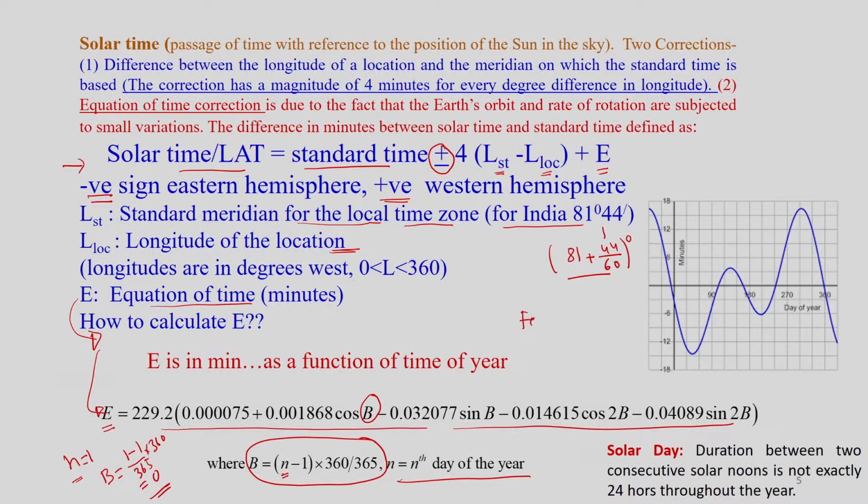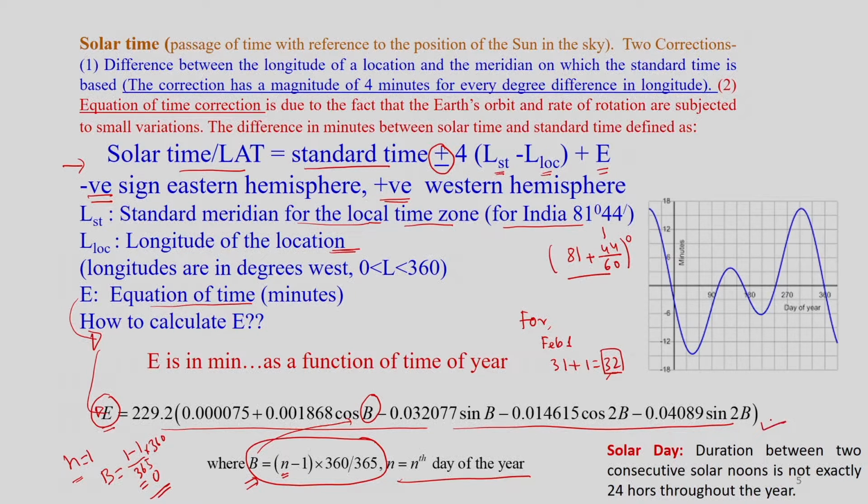For January there are 31 days, plus 1, so it will be 32. Then we substitute n as 32, calculate B, substitute the value of B in this equation, and find E. The value we get for E will be in minutes.